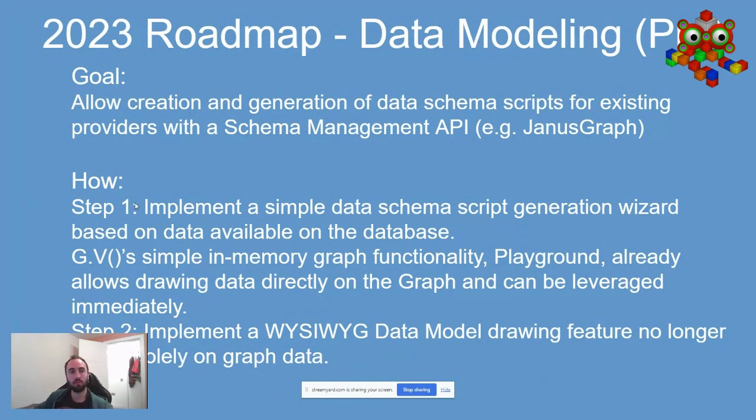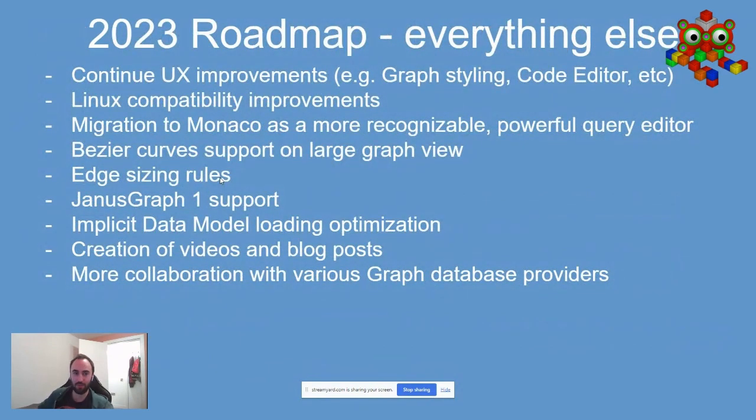Now, there's other stuff that we want to do. There's not the only things that we're planning to do. One of the big focuses of late on G.V is on user experience improvement. So generally speaking, it means making G.V better in terms of performance, more pleasant to the eye, because admittedly, it did not start out the best looking piece of software, but also easier to use in general for first-time users or experienced Gremlin users.